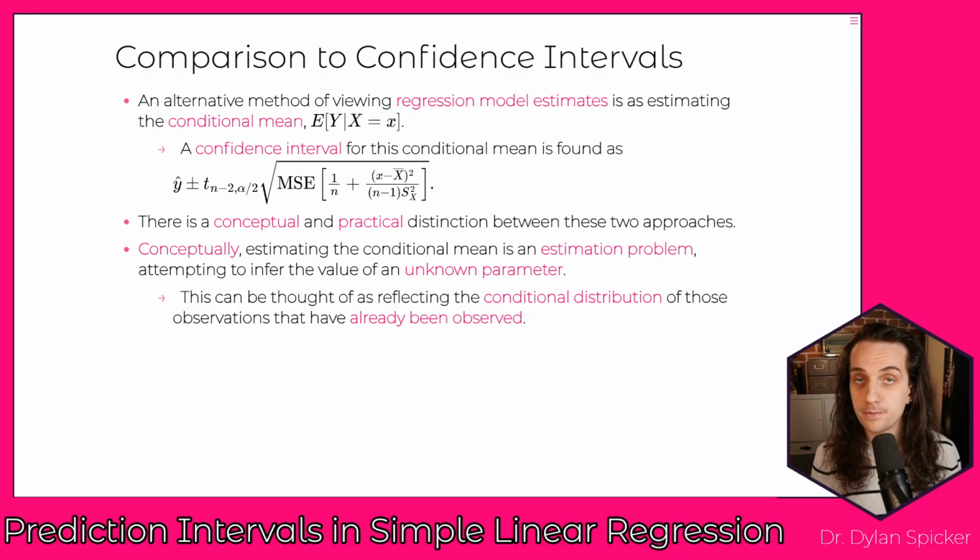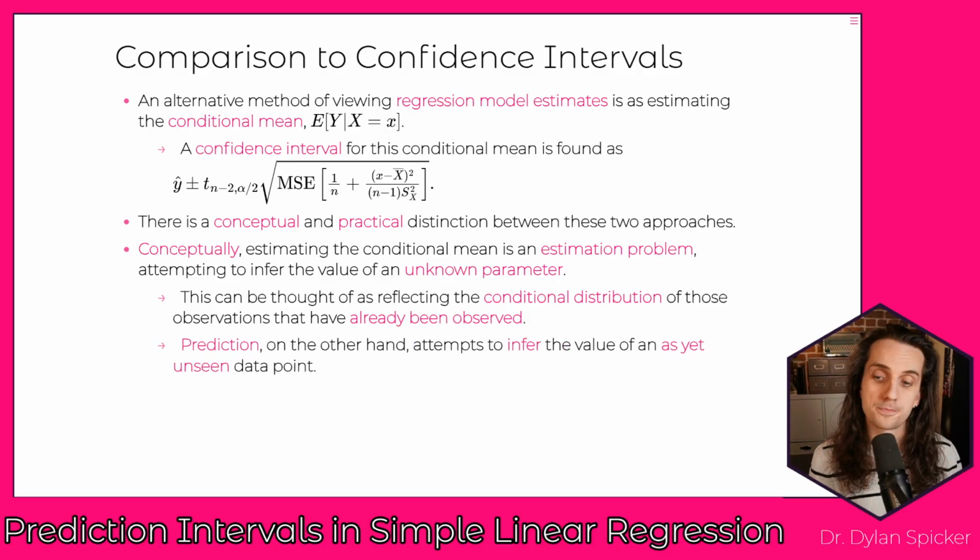We have already made a bunch of draws from that conditional distribution, and we want to reflect that distribution back and infer values about it. Conversely, with prediction, we're trying to infer the value of something that has not yet been seen. We want to say, one specific person, what is your value going to be in the future? This is a more difficult problem.